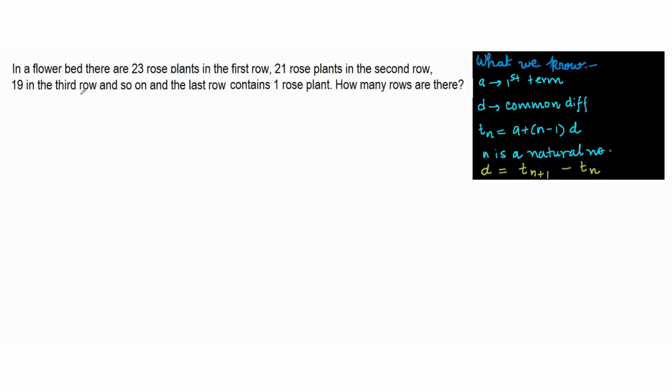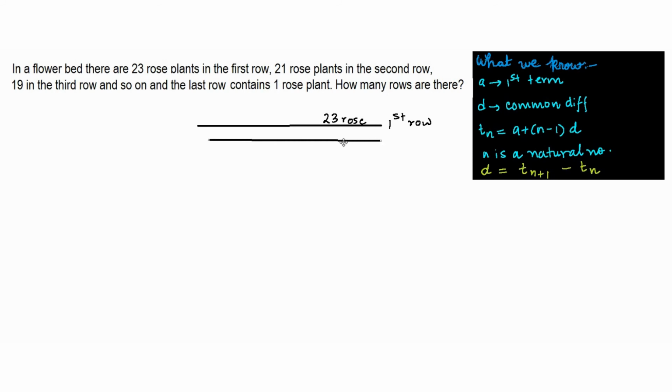Let's take a look at the following question. In a flower bed, there are 23 rose plants in the first row. So this is the first row which contains 23 rose plants. 21 rose plants in the second row.